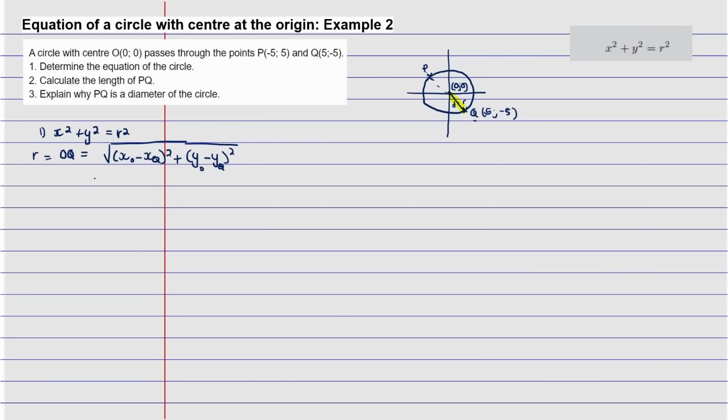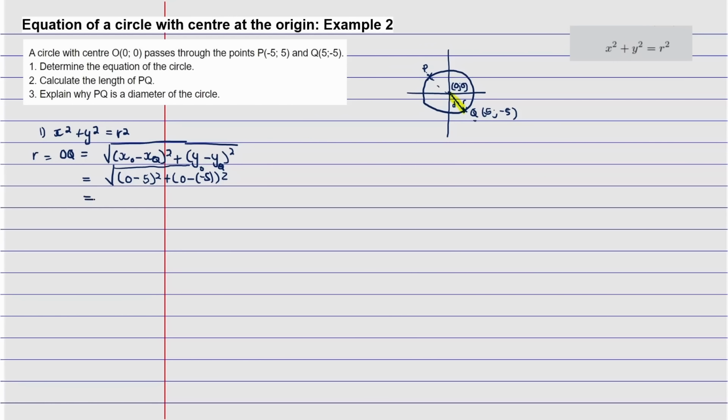Let's substitute. XO is 0, so it's 0 minus XQ, which is 5, all squared, and the other one is 0 minus negative 5 all squared.